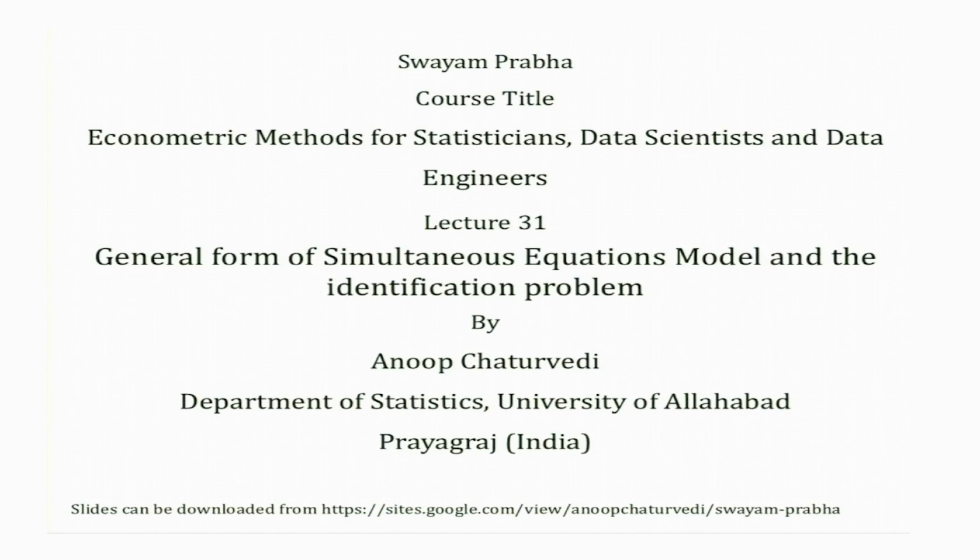In the last lecture, we discussed some basic concepts of the simultaneous equations model. In many economic applications particularly, we have a set of variables which are determined jointly by a set of equations, so our model consists of a set of equations instead of a single equation.